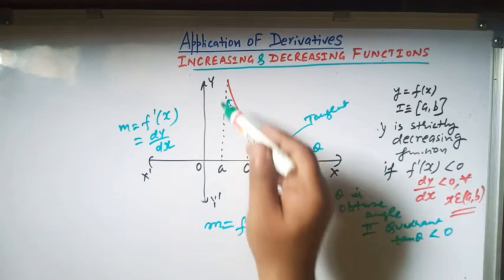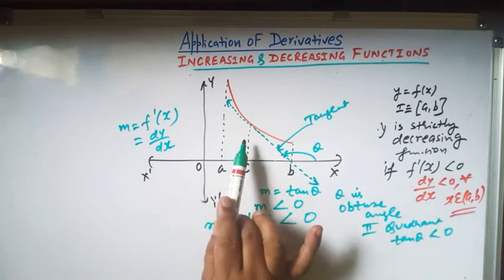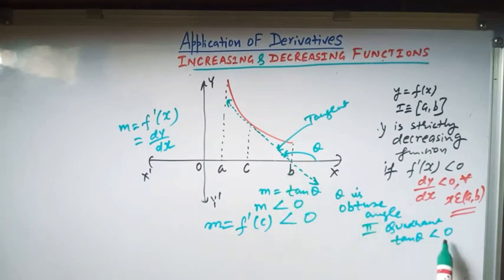We have the slope of the tangent as negative. Clear?